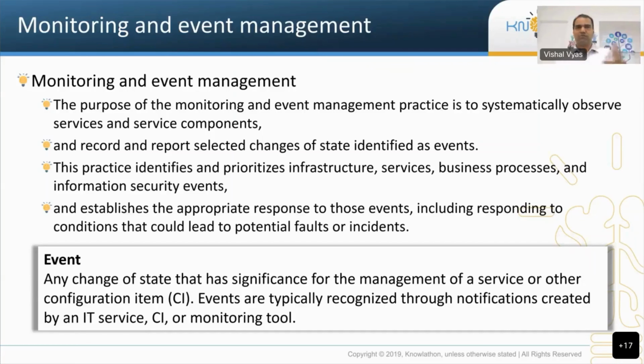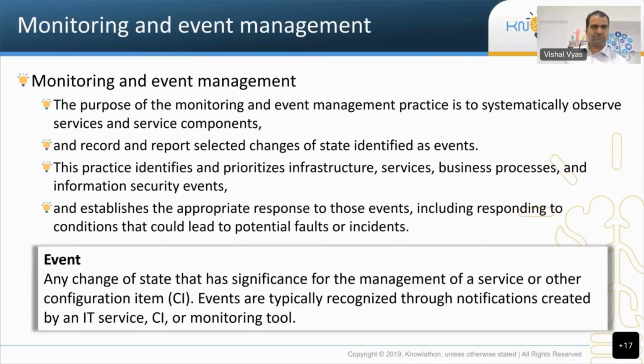So getting the filtering threshold accurate the first time is not possible. You always do trial and error. You keep adjusting the levels till you get the sweet spot. You have enough events that you can respond to, but not enough events that you will be flooded with.